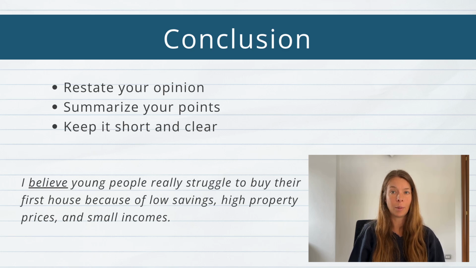In fact, this happens to be just a 1-sentence final thought that closes the whole essay out, right? Again, they restate their opinion, I believe, okay? Re-summarizing our points so that there are low savings, high property prices, and small incomes. If this writer wanted to include one more sentence, I think it would be possible.